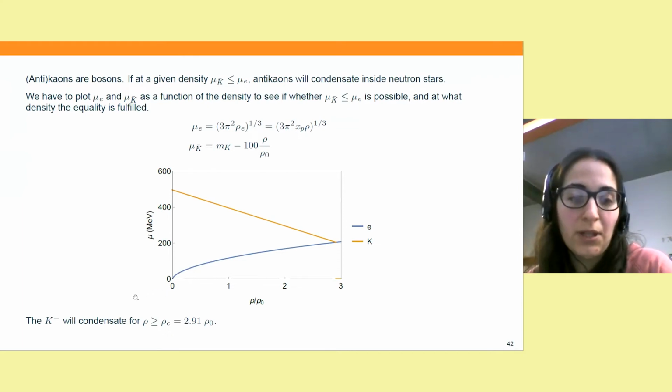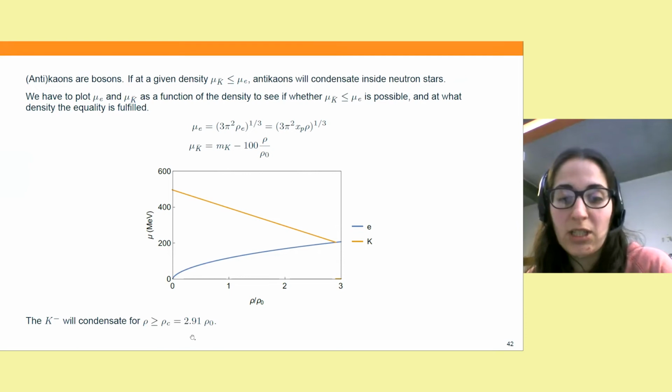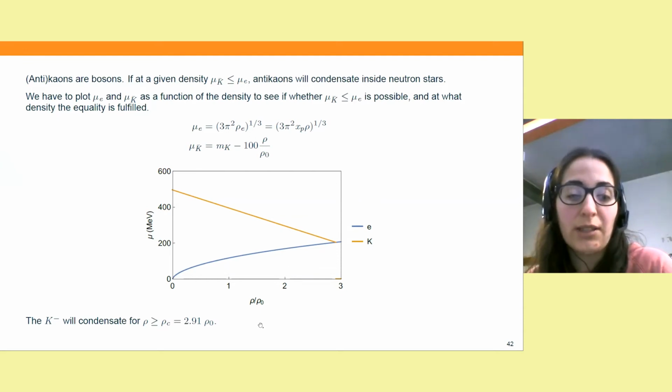So we see that the crossing happens at exactly 2.91 times saturation density. And this is a density that is reached in neutron stars. So in principle, if this is true for the anti-kaons, we would expect that kaons appear in neutron stars. They condense at this density.